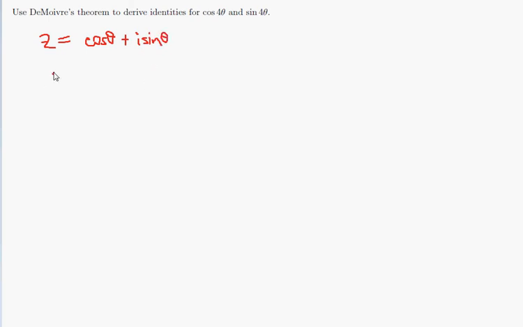And we remember that z to the fourth is equal to cosine of theta plus i sine theta to the fourth power, which is also equal to cosine 4 theta plus i sine 4 theta.